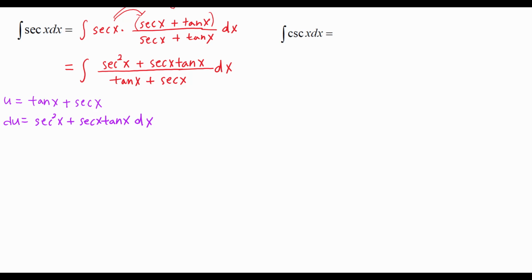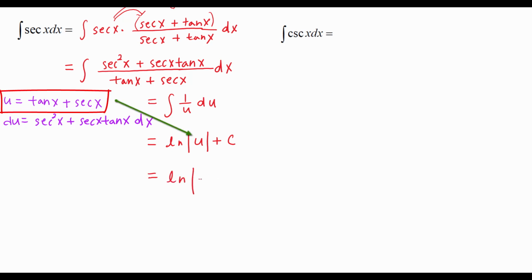So then this is equal to, now, very simple, 1 over u du, which is equal to ln absolute value of u plus c. But then, what is my u?